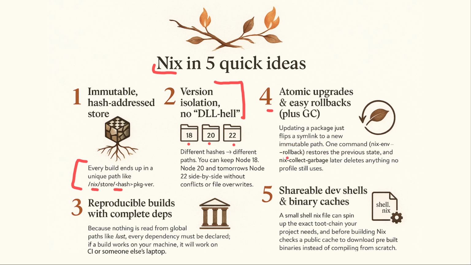One command, nix-env --rollback, restores the previous state, and nix-collect-garbage later deletes anything no profile still uses. Shareable dev shells and binary caches. A small shell.nix file can spin up the exact toolchain your project needs, and before building, Nix checks a public cache to download pre-built binaries instead of compiling from scratch.